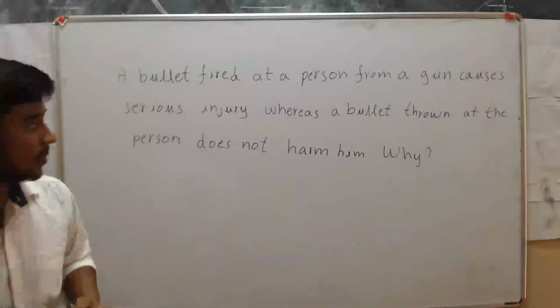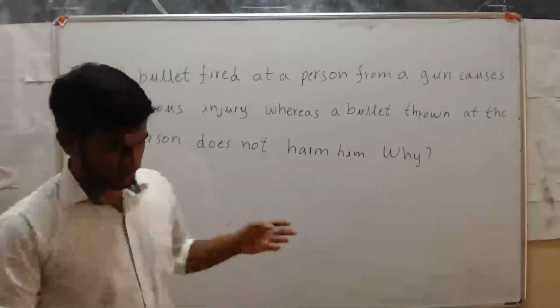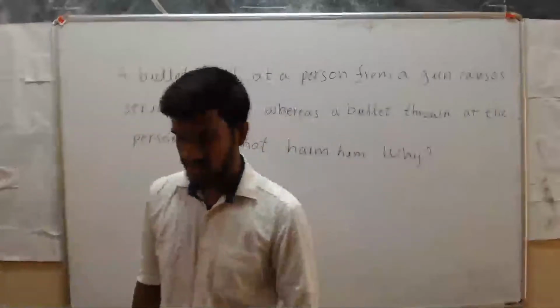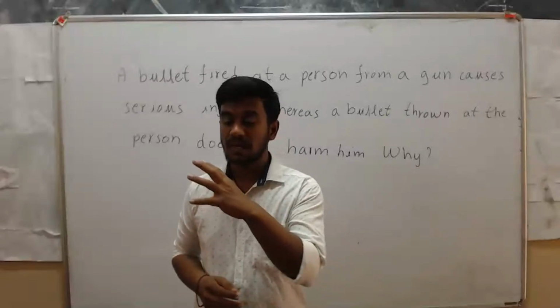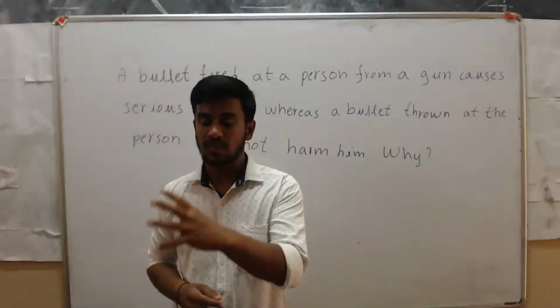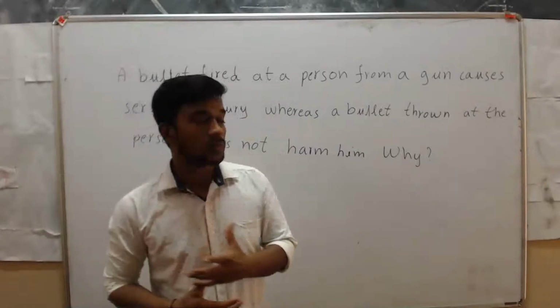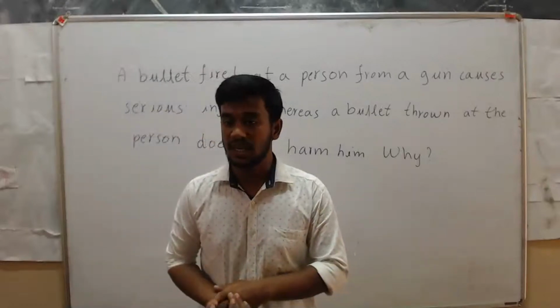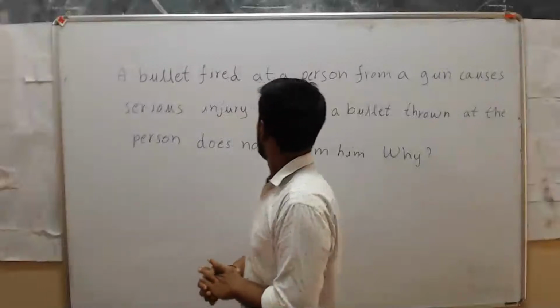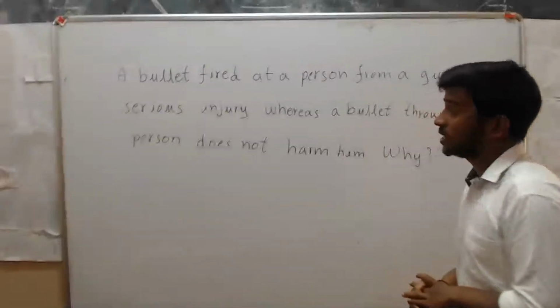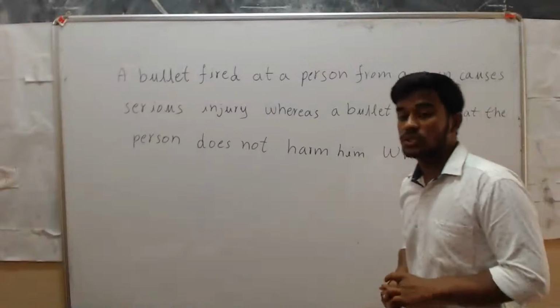See here, it was mentioned that the bullet is coming from a gun or pistol, so it comes with a huge amount of velocity, which is why the bullet causes serious injury. Why?